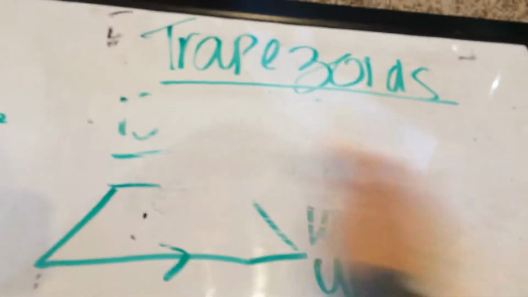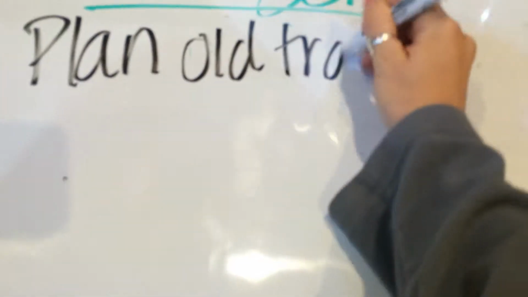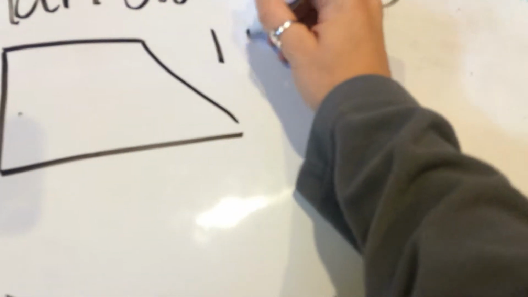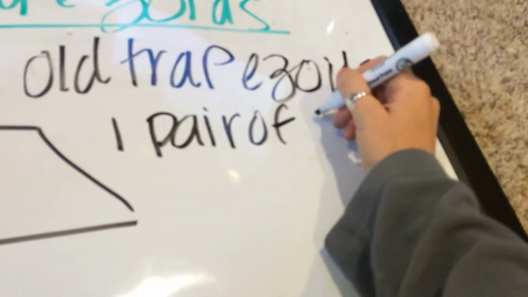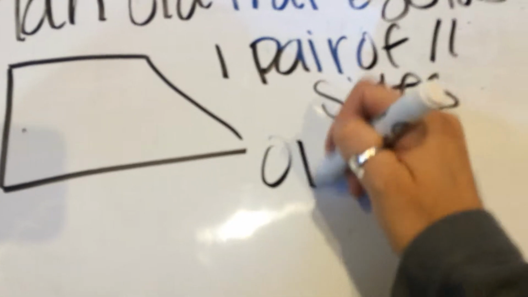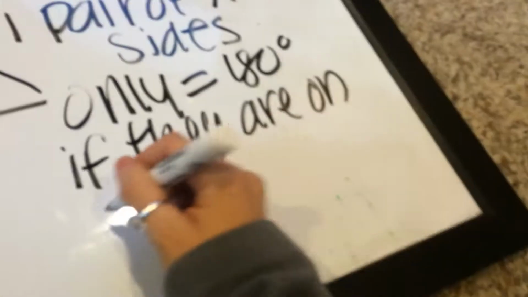So that's all we basically need to know for isosceles trapezoids. Now for our regular traps. So just plain old trapezoids. Not that much. They kind of look a little funky, like nobody wants them. Again, we only have one pair of parallel sides. Now the angles here, they're only equal 180 degrees if they are on top of each other.